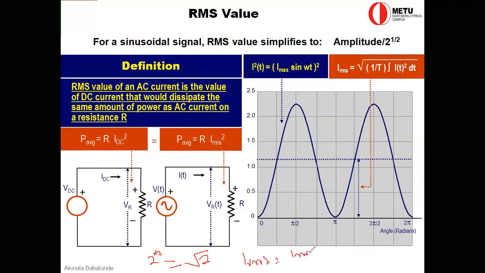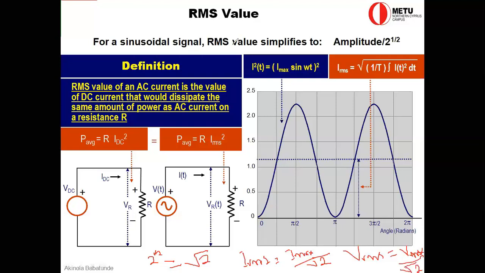So you can say our I RMS is I max over root 2. Or you can say your V RMS will just be equal to V max, which is the amplitude, all divided by root 2.